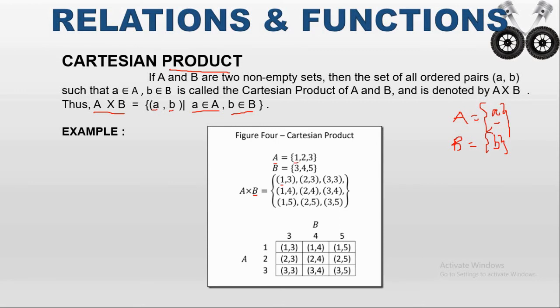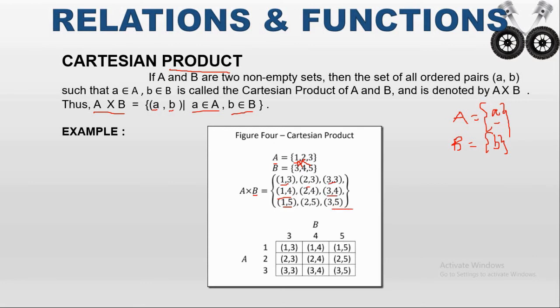So 1 is multiplied with 3, with 4 and with 5. That can be written as (1, 3), (1, 4) and (1, 5). Then for 2: (2, 3), (2, 4), (2, 5). Now take the value 3: (3, 3), (3, 4) and (3, 5).